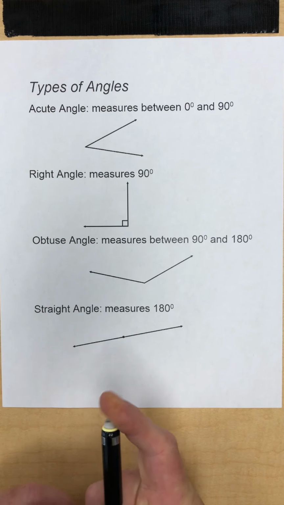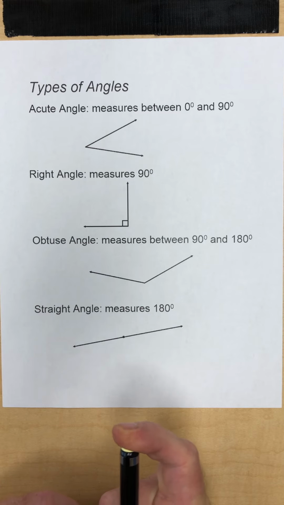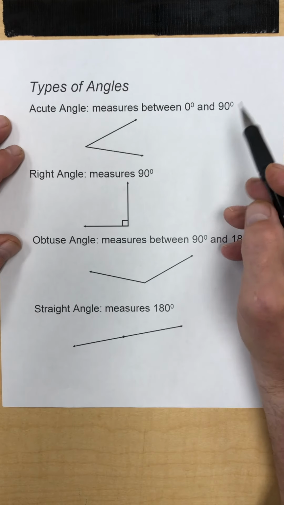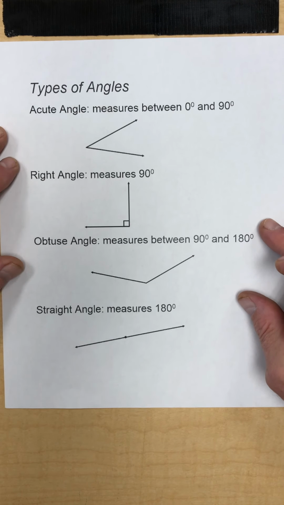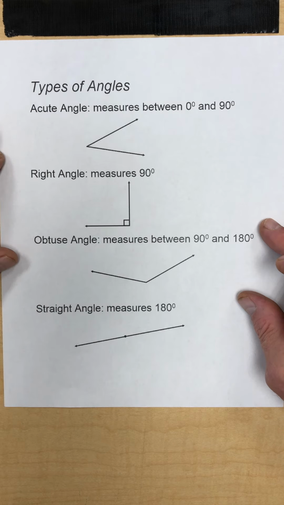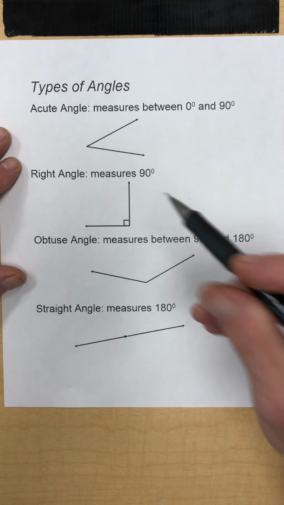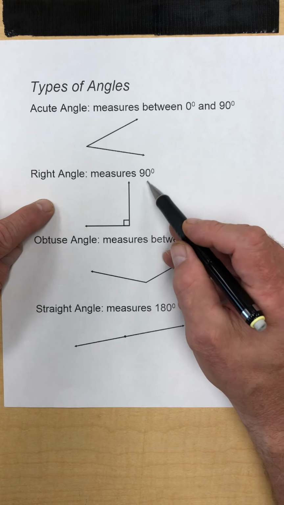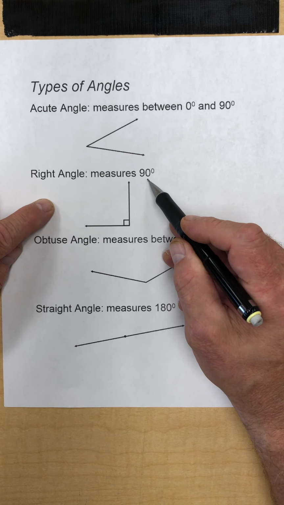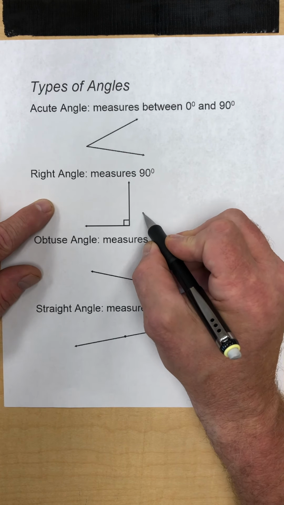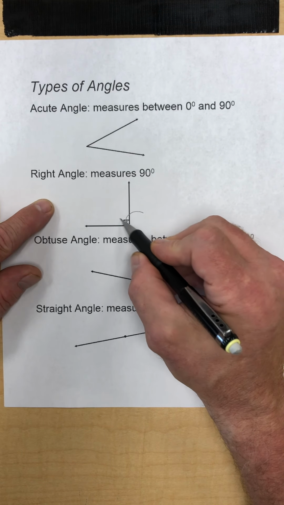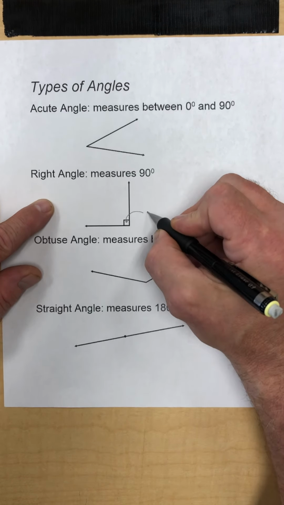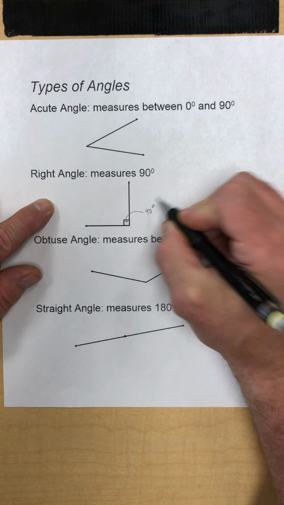The types of angles, with regards to their angle measure. As you know, and I know you guys have done this back in elementary school and middle school, we measure angles in degrees. So if you have a right angle, it's exactly 90 degrees. We use this little box in the interior, snugged up against the vertex, and that means 90 degrees.